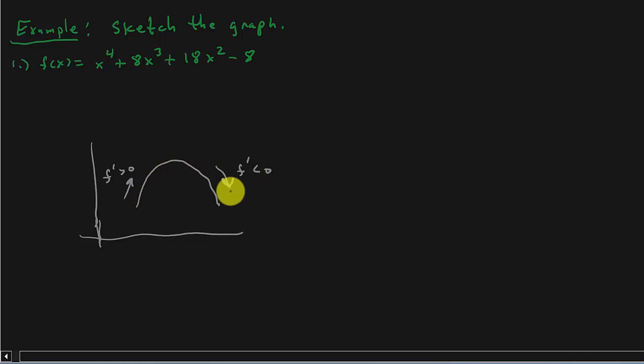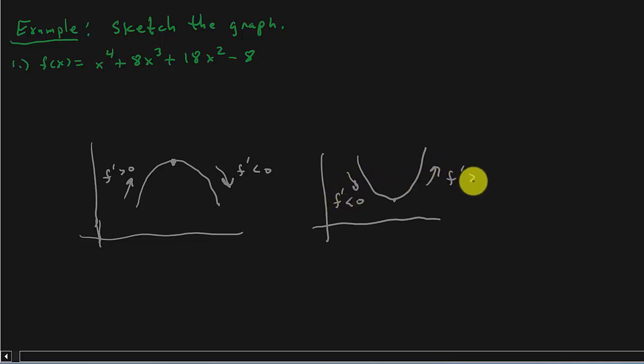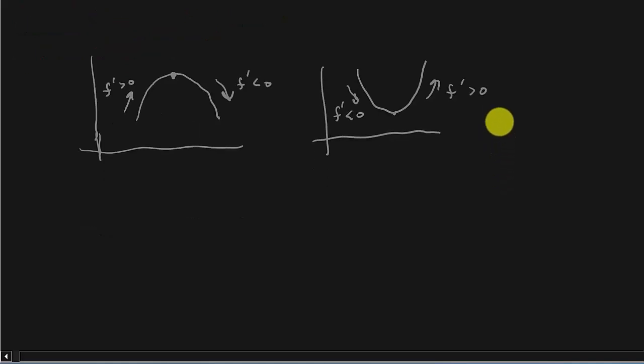Remember how we determined that the function is increasing where the derivative is positive, decreasing where the derivative is negative. Here's your maximum point, and then you have this. It's decreasing, then increasing, so f prime is negative, and here f prime is positive.